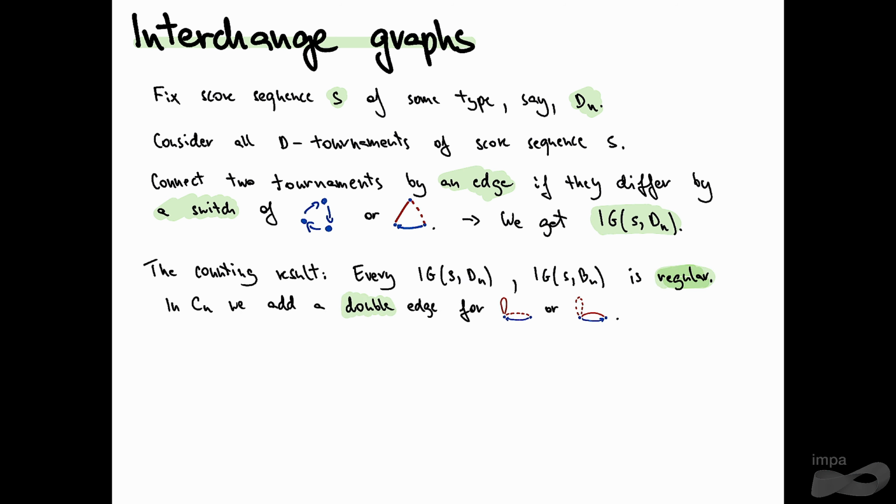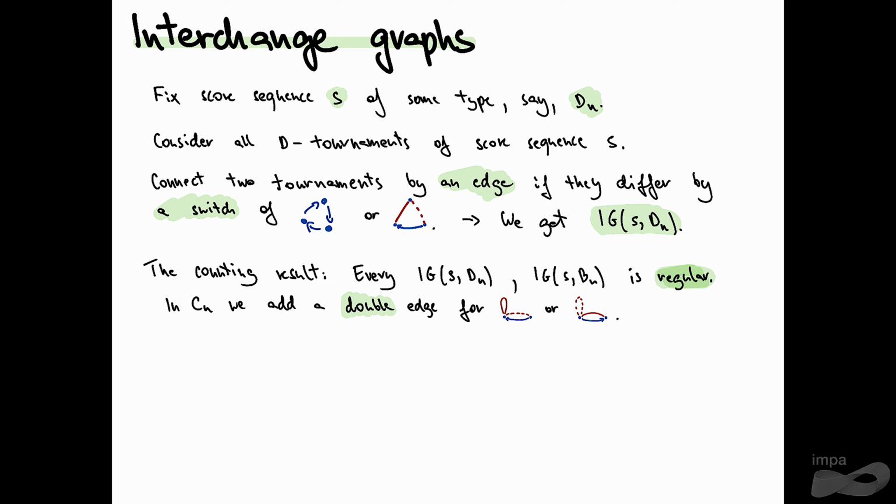Because of the counting result, in types B and D these meta graphs are just regular. But in type C, because I needed to put this weight 2, I need to put a double edge whenever I flip a neutral structure involving a loop.